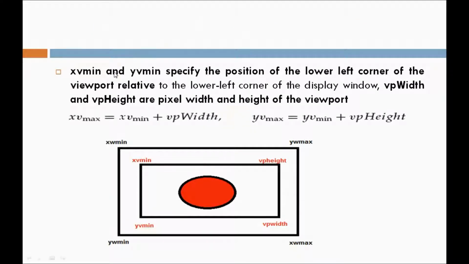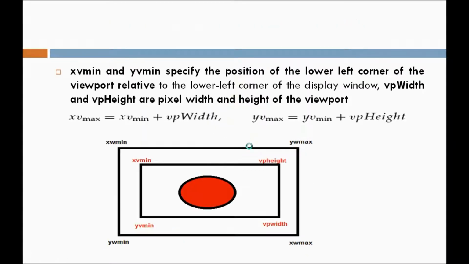Now you can see here XW min. You can see it clearly, right? So this is the clipping window and this is the viewport. And one more important thing here: XV min and YV min specify the position of the lower left corner of the viewport relative to the lower left corner of the display window.